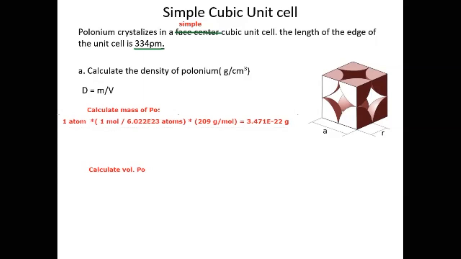So you have to remember that simple cubic means it's only going to have one atom. We convert that to moles. Then we use molar mass to convert it to mass. Now we need to calculate the volume.